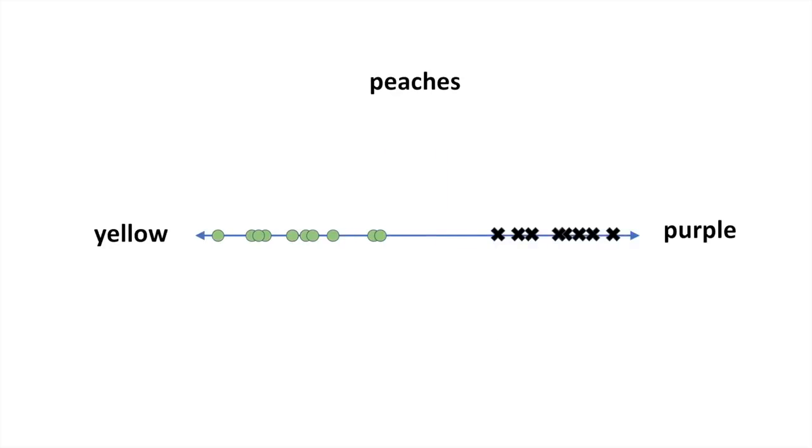Now, imagine though that in this set of peaches, this can be trickier. What if you have some that don't really fall with the group? You get some yellow peaches that just don't taste right, or you get a purple peach that for some reason tastes amazing. Now in this data set, there's nowhere you can draw a line that separates the green circles from the black X's. But what you can do is still create a dividing line with its margins, but any data point that is on the wrong side of its margin gets a penalty based on how far it is over.